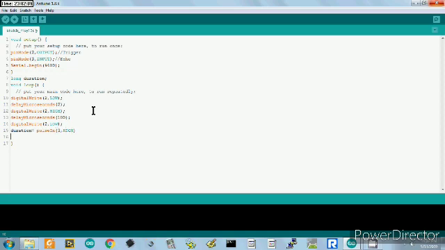It has two parameters. One is the pin, and we have to say whether we have to measure the high width or the low width. So here we have to measure the high width, so that's why we are giving HIGH. So here we are getting the duration of the echo pulse in microseconds. That we have to convert into distance. So we are defining the distance variable.